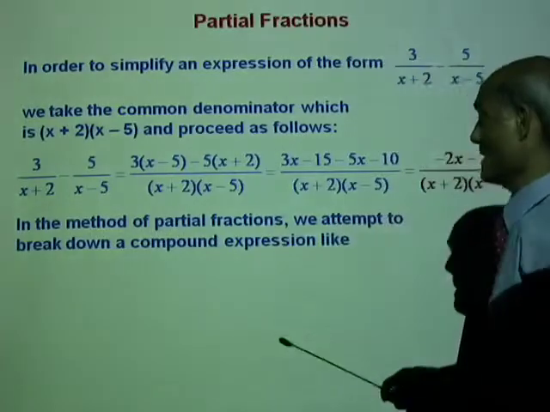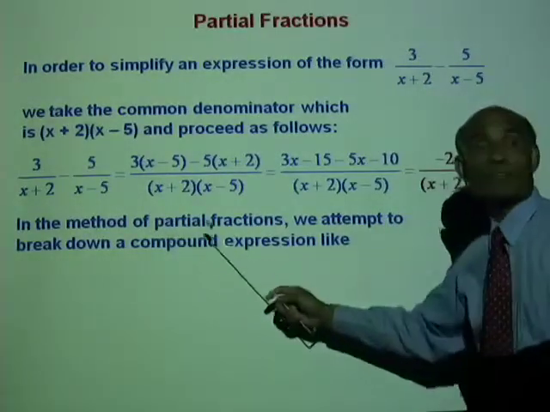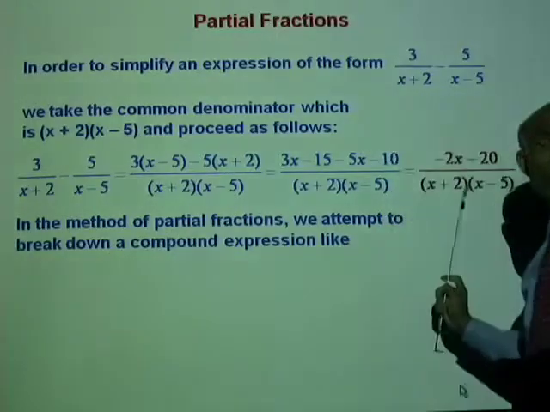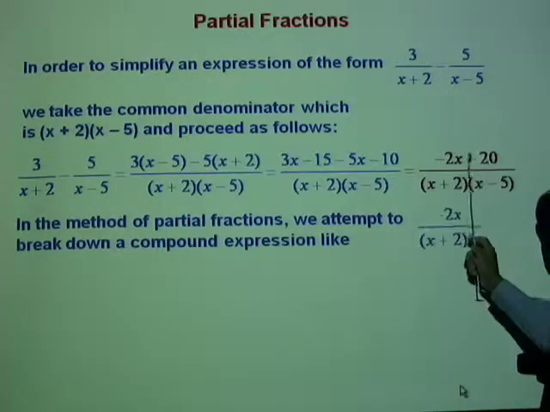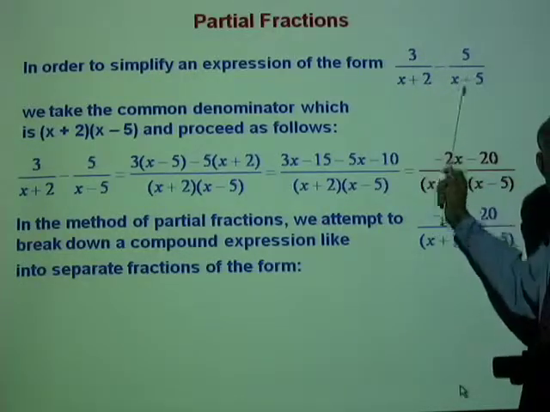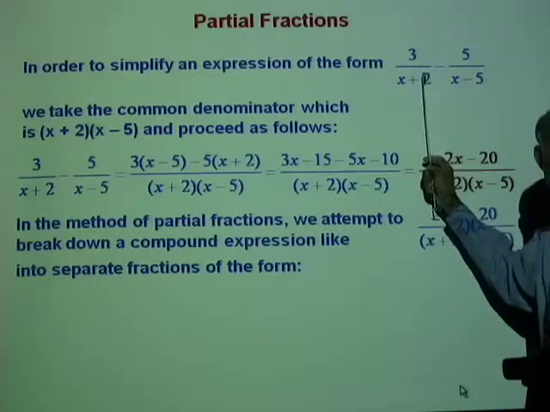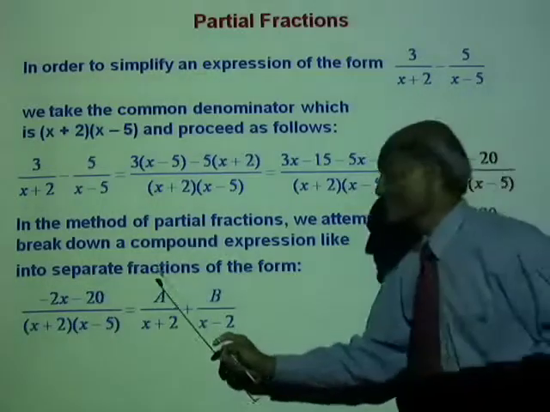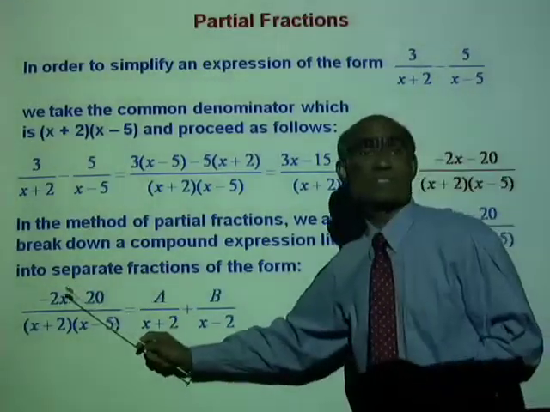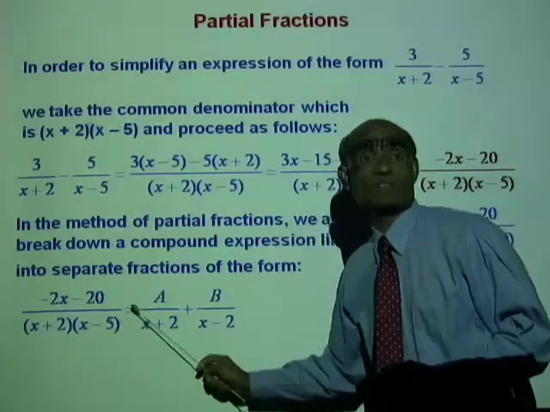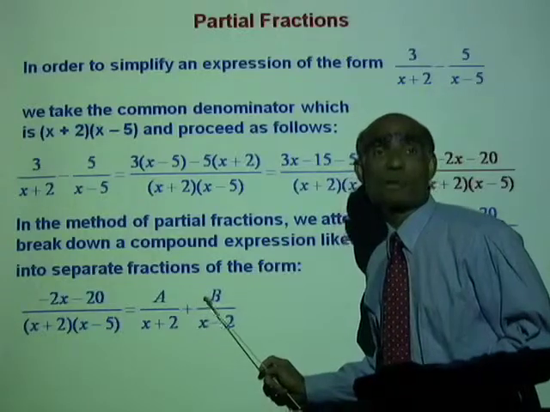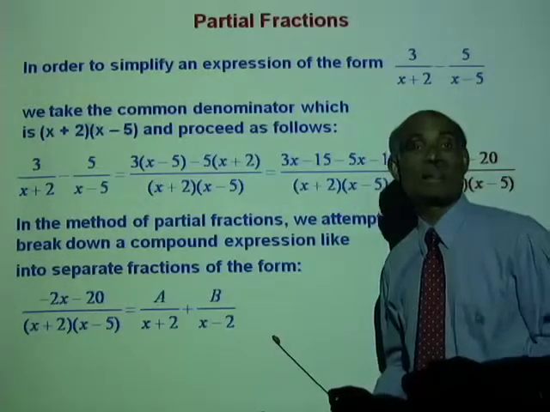So how do you begin? In the method of partial fractions, we attempt to break down complex expressions like this into separate fractions like this. So, to begin with, what we will say is, let this complex expression be equal to A over x plus 2 plus B over x minus 5.